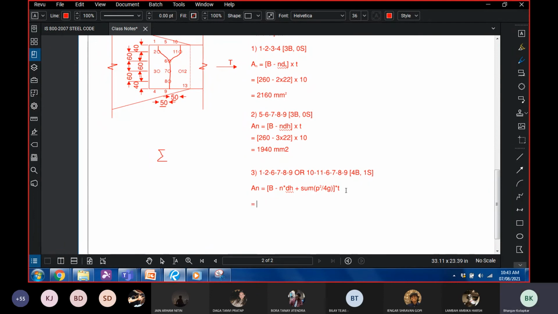So our B is 260, minus number of bolt holes, which is 4, so 4 times 22, plus, there's only one staggered arrangement, therefore it is p square by 4g. P is 50, so 50 into 50 divided by 4 times the gauge distance.